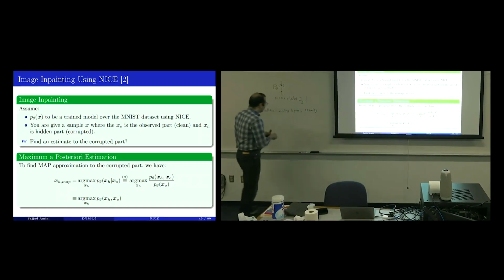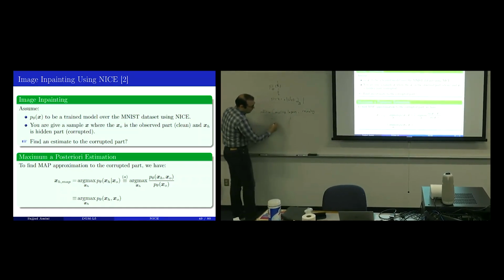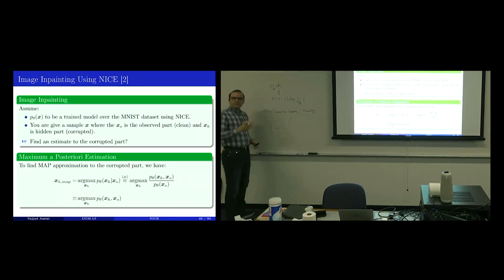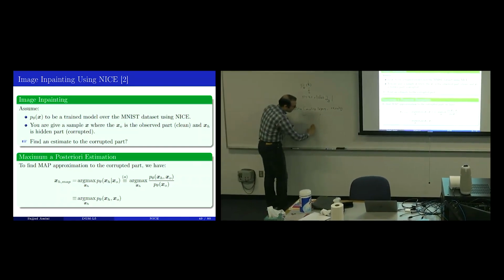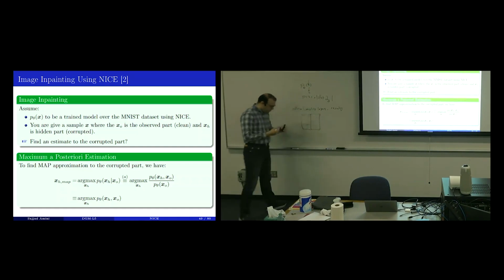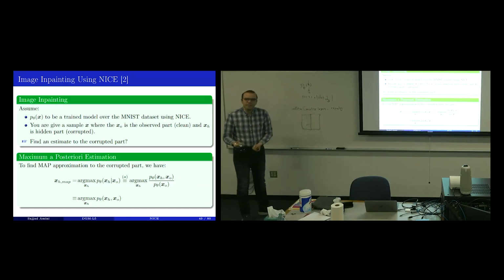It means that, for example, I am in MNIST, and this part is missed. This part is visible. This part is missed, is blocked. So previously you trained a model over MNIST. What can that model tell you?